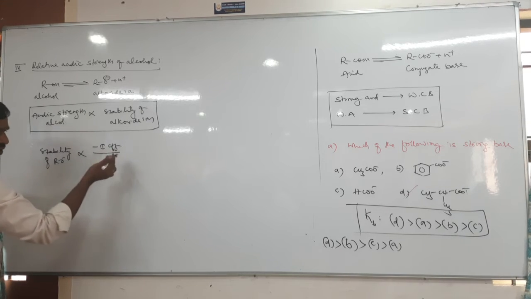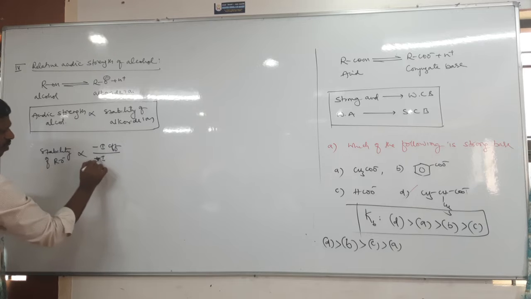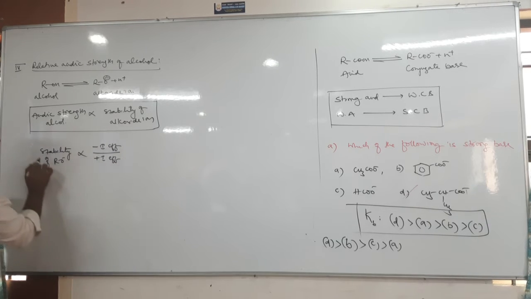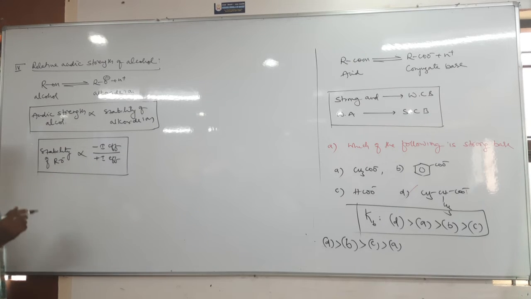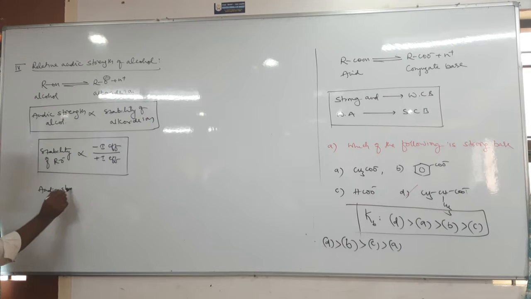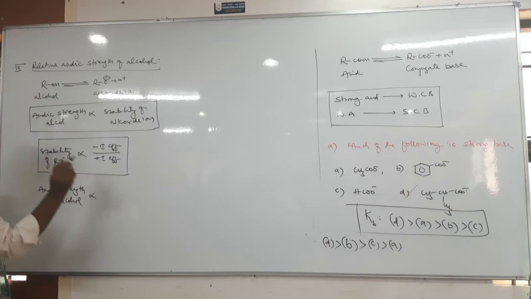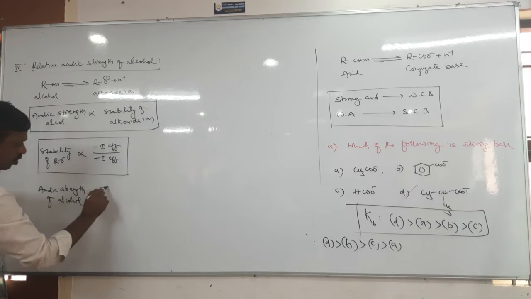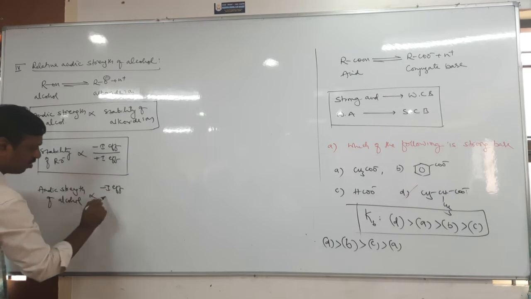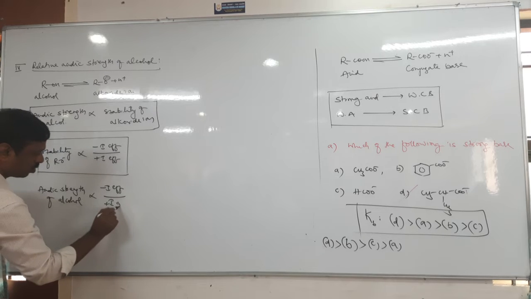Electron withdrawing, you cannot say directly, so minus I and plus I effect. Finally, the acidic strength of alcohol is directly proportional to the minus I effect and inversely proportional to the plus I effect.